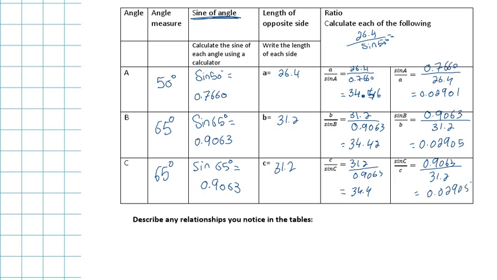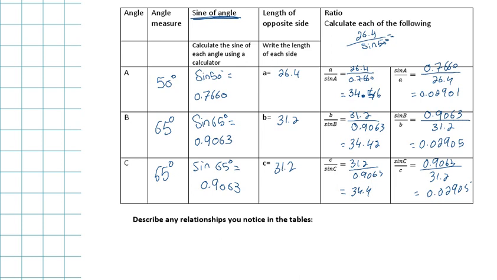If I don't actually go to 4 decimal places, they are the same, right? So here's where the sine law comes in. Any time you take the ratio between the side and the sine of the angle, they're going to be equal, no matter what letter you're doing.